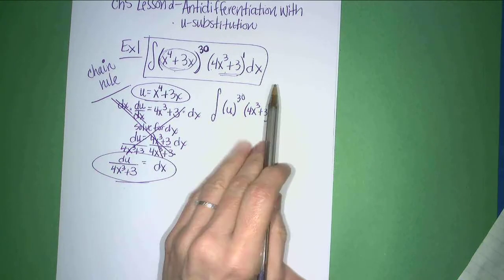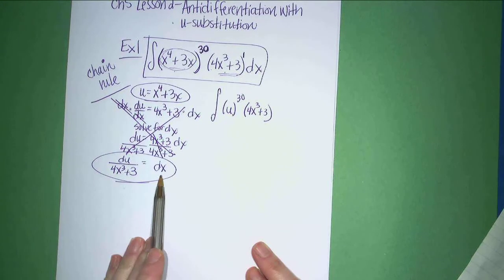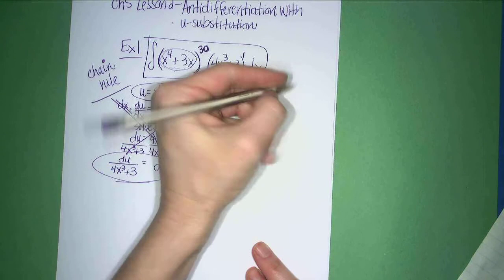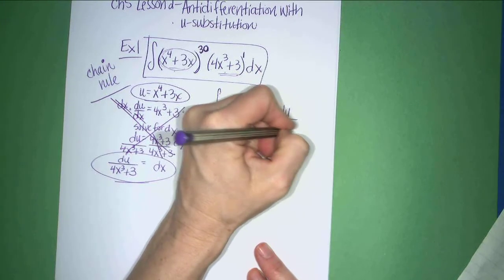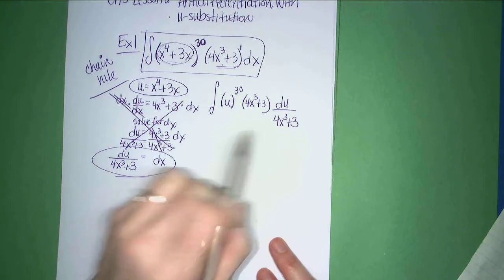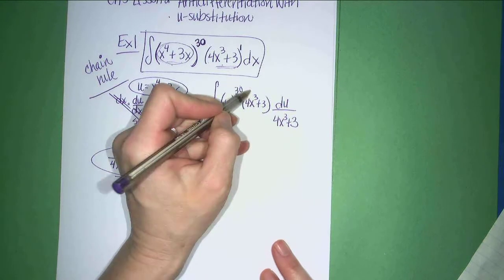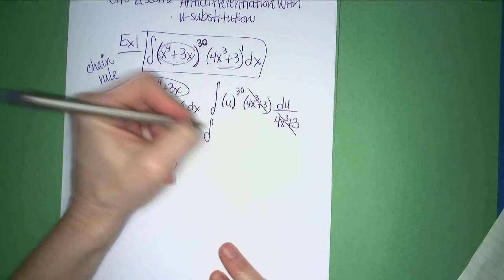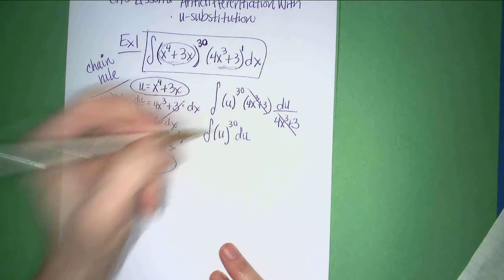And finally, in the back, the dx, if we look down here, dx is equal to this, so I'm going to substitute this in for dx. So du over 4x to the 3rd plus 3. Now, if I look at this problem, I can see that these two are the same, but one's on top and one's on bottom. So I'm going to go ahead and cancel these out, which is really going to simplify my problem to the antiderivative of u to the 30th with respect to u.